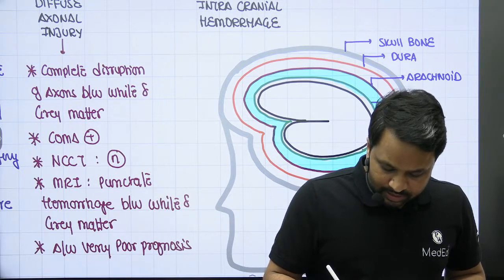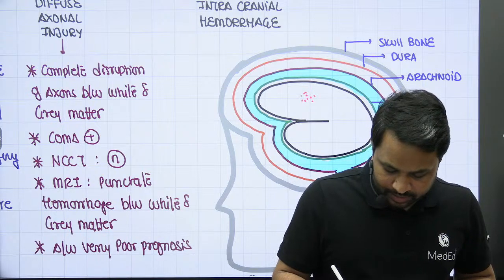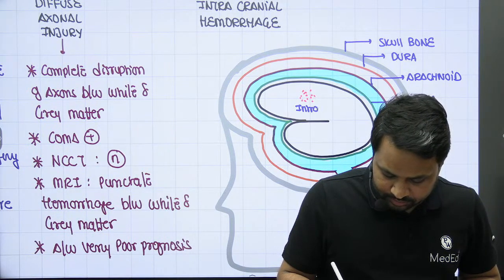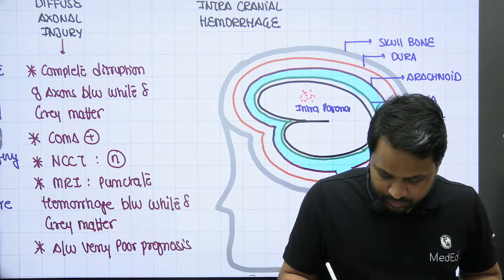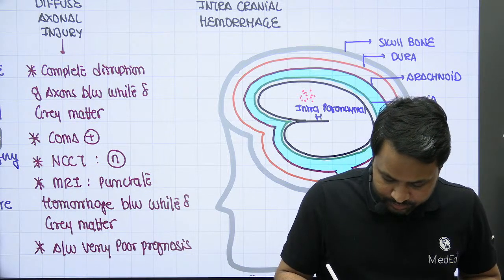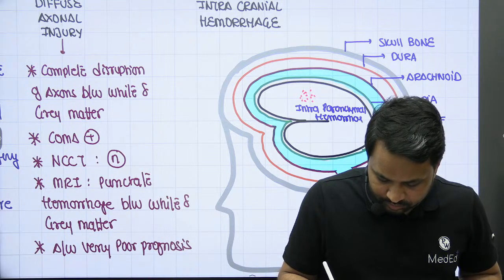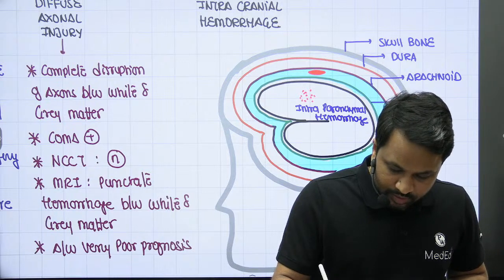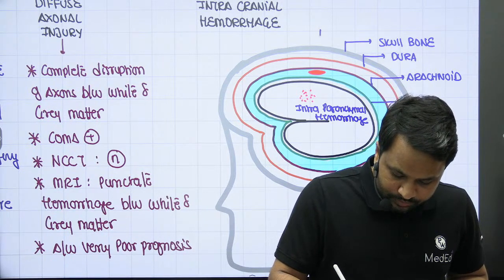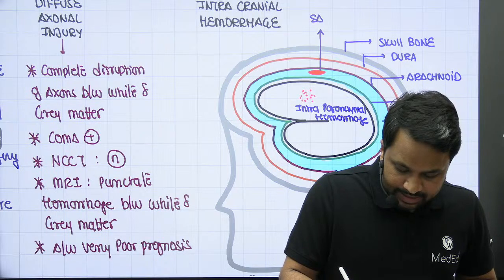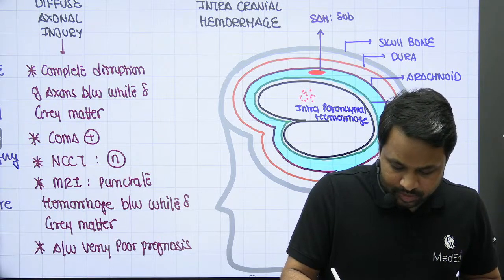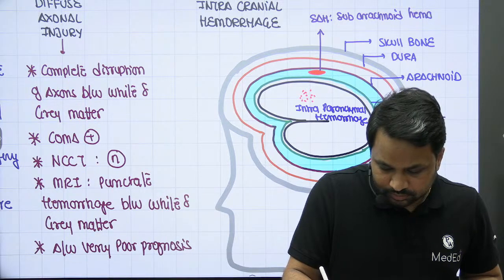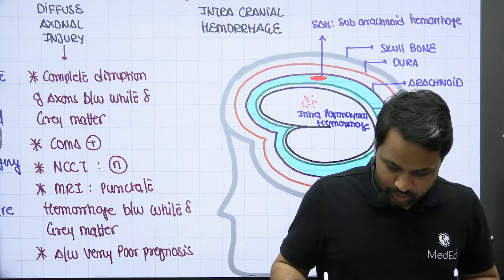Now, if the bleeding occurs within the brain parenchyma, it is called intraparenchymal hemorrhage. Now, if the bleeding occurs here, this is what we call subarachnoid hemorrhage, called SAH.